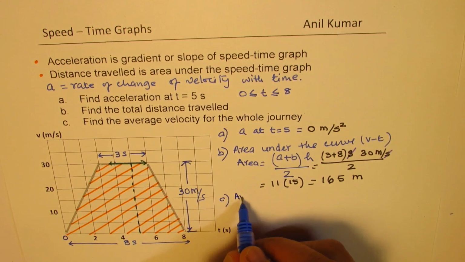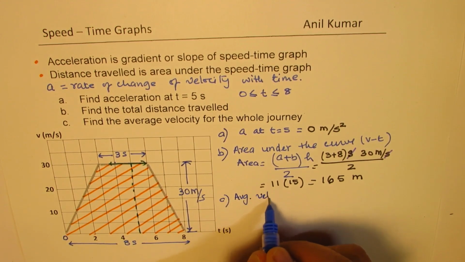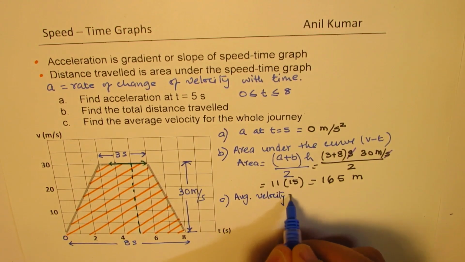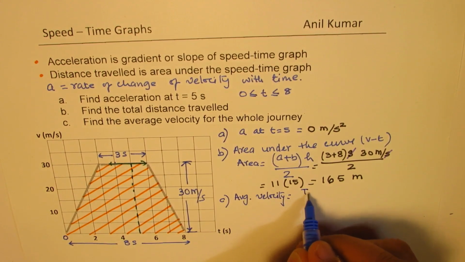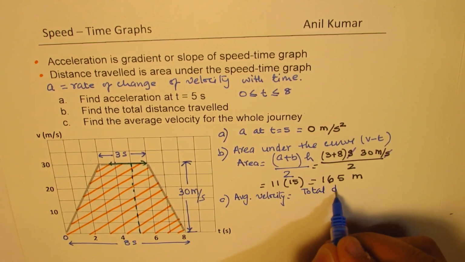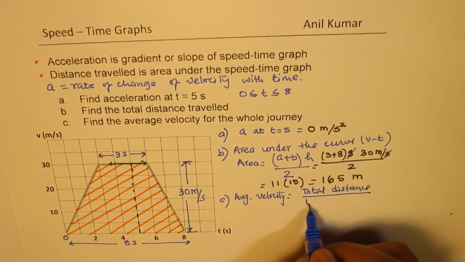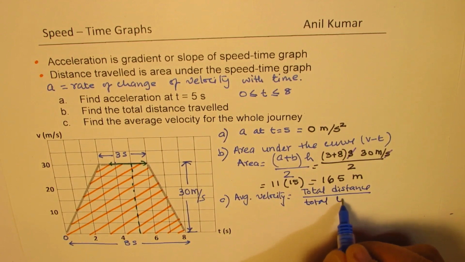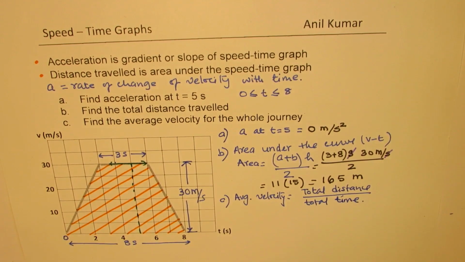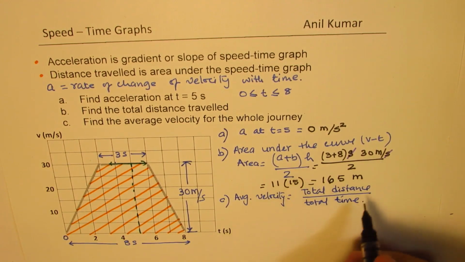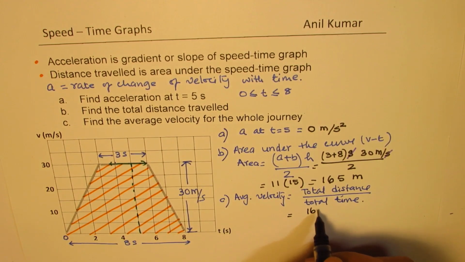So average velocity is always equal to total distance over total time. In our case, the total distance we just calculated is 165 meters, and the total time is 8 seconds, correct?